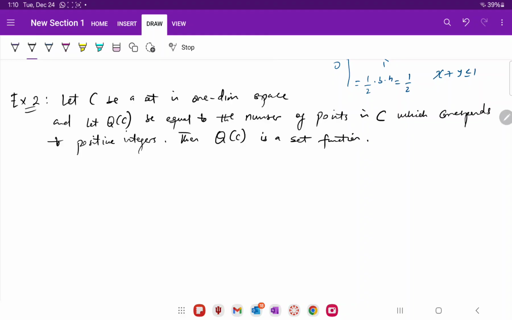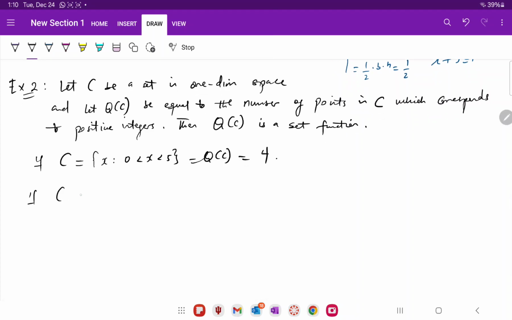Okay, so let's see, if C equals the set of x such that 0 is less than x less than 5, then for this our K of C, the number of points we have here, don't forget 0 is not included, 5 is not included, is 1, 2, 3, 4, and that is 4. And then if C is the interval from minus 2 to minus 1, based on the condition that our function corresponds to positive integers, the count will be 0 because we have nothing.